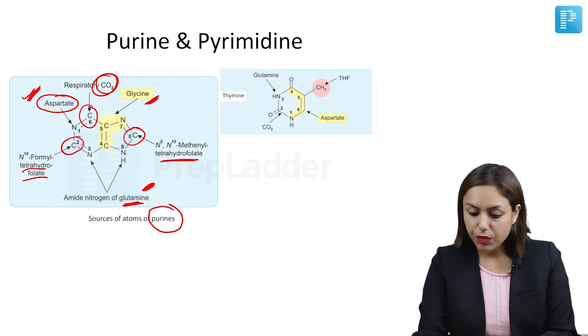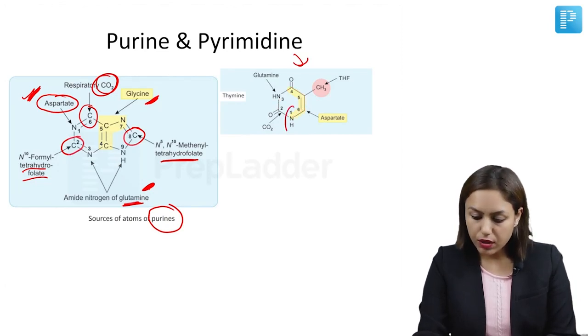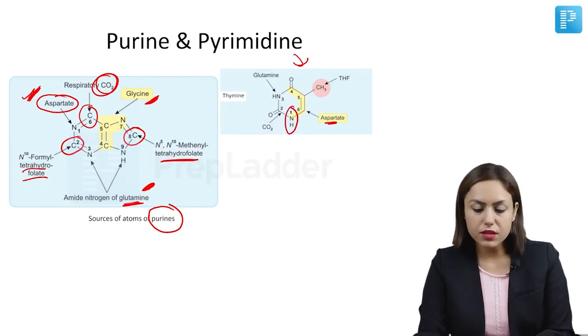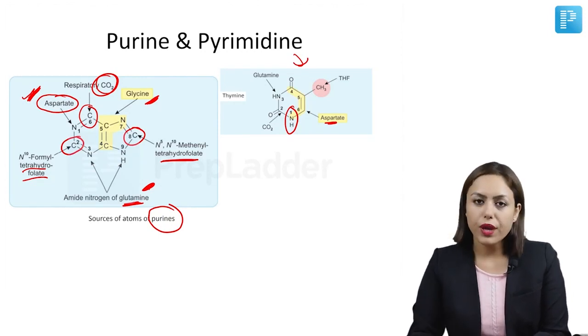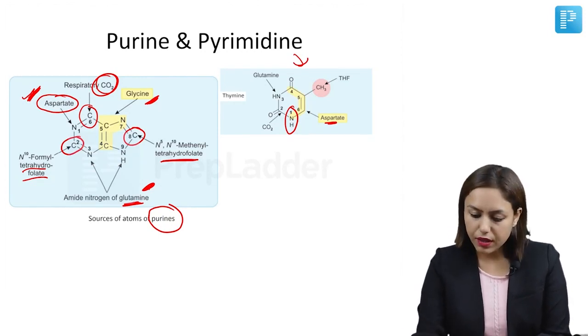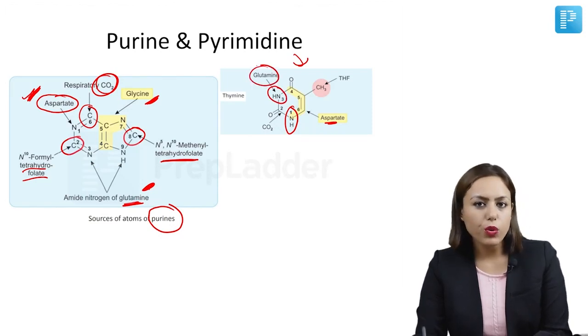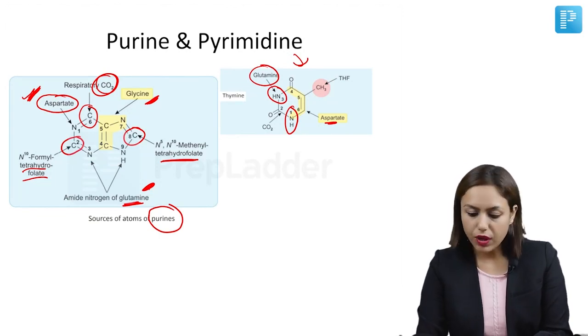But in case of pyrimidines, this is a single hexacyclic ring, right? So here N1 is from aspartate. This is similar: in purine also N1 is from aspartate, and N3 is from glutamine in purine also. So N1 and N3 are the same, right?